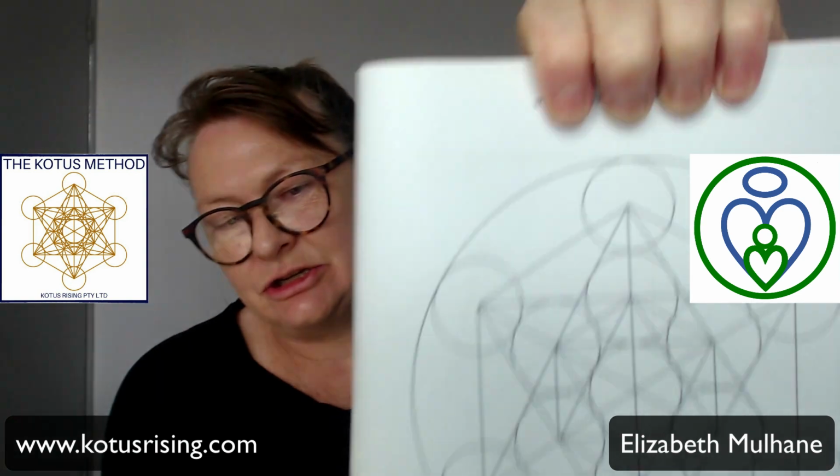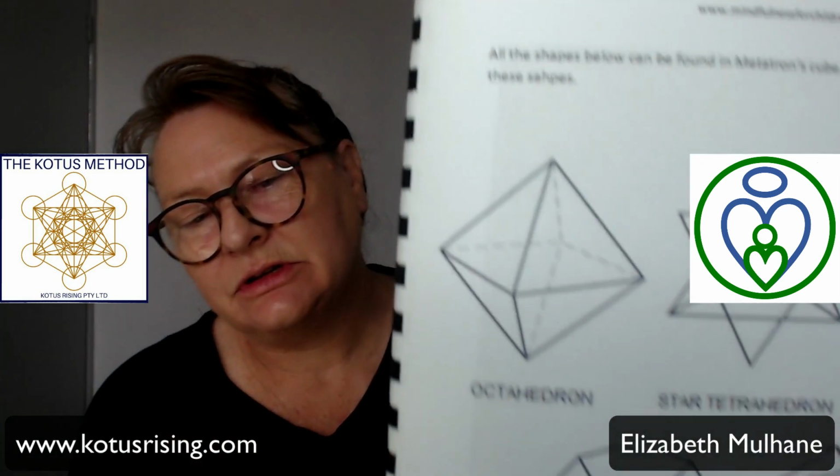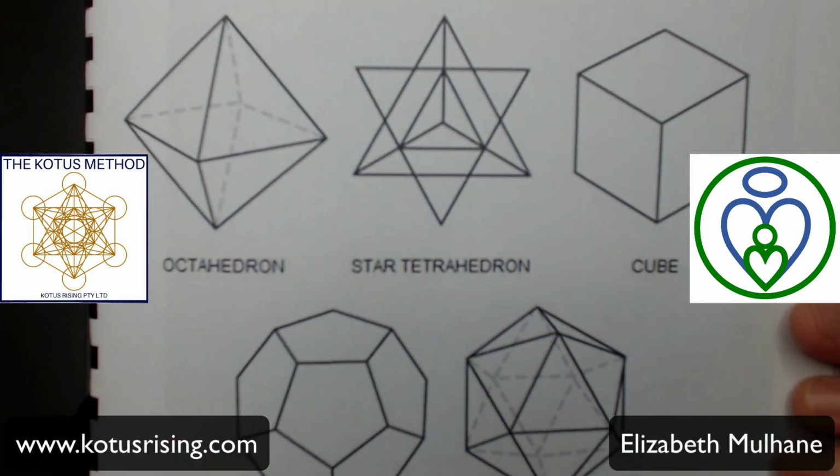So that's science. And in maths, we can use the Metatron's cube for meditation, which is in the workbook. And then we can bring in working on the different shapes and learning the different shapes and where they're found.